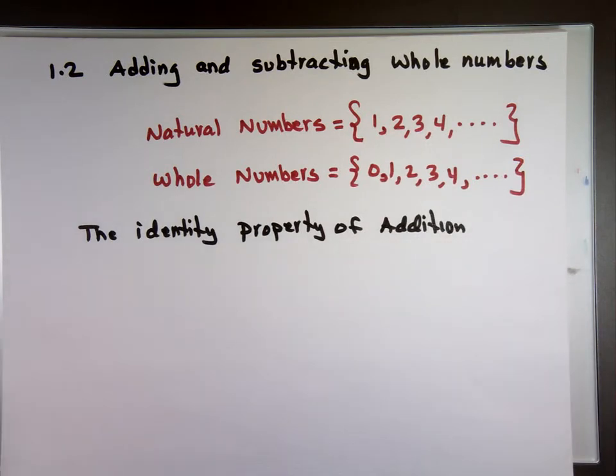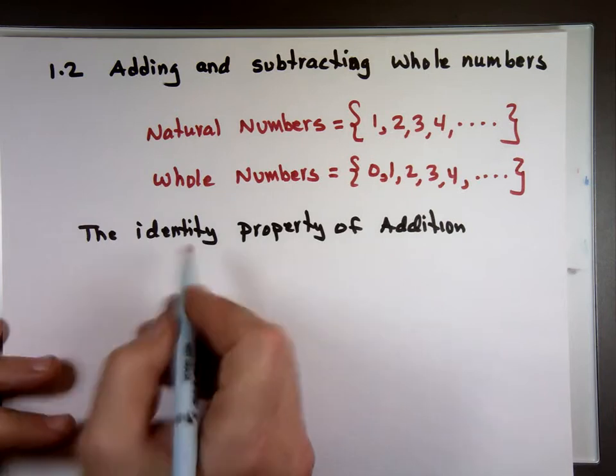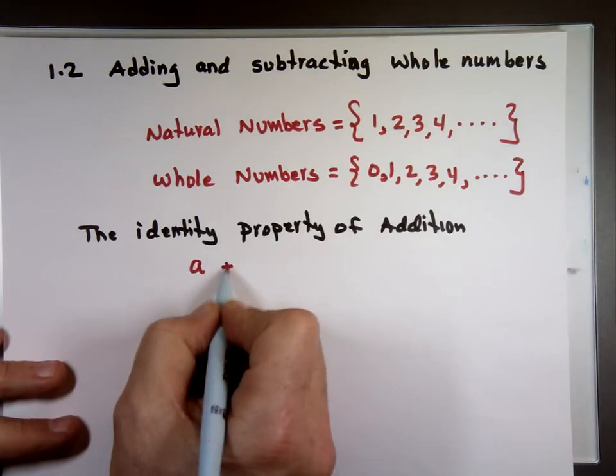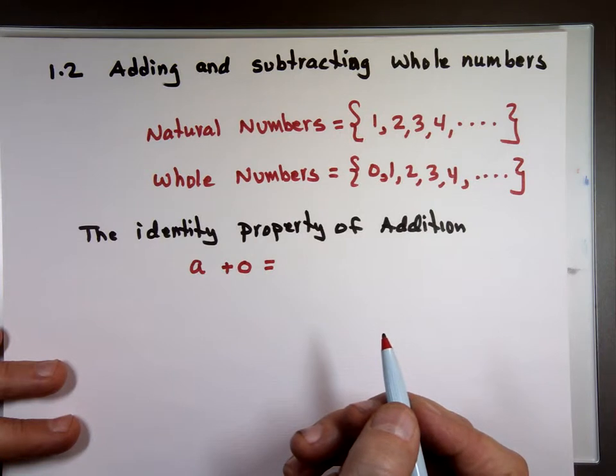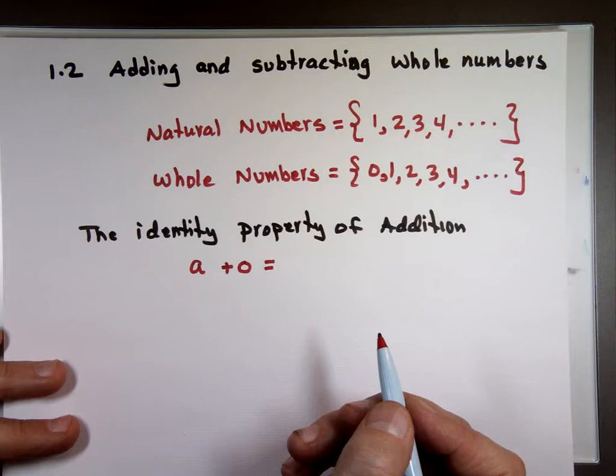And what the identity property of addition is saying, if you take a number and add 0 to it, guess what the answer is? The same number.